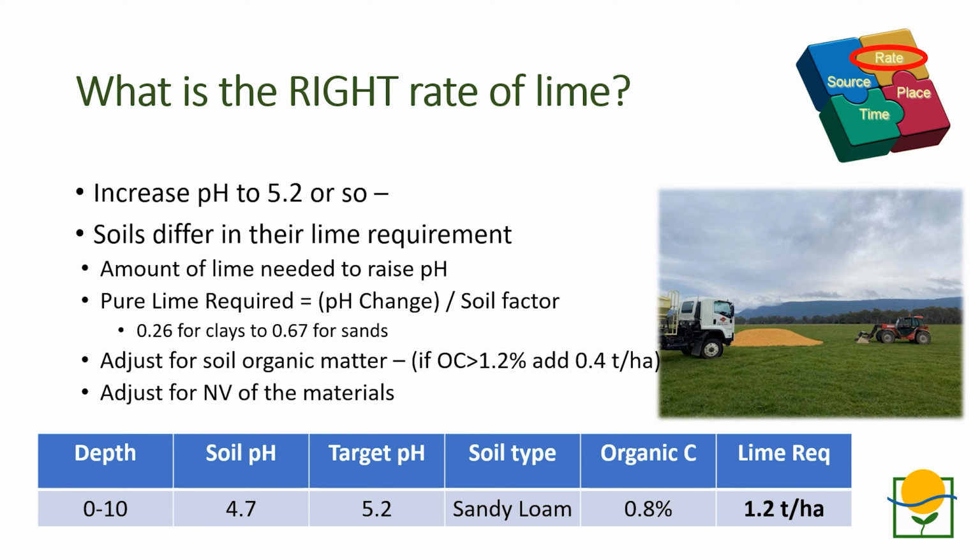So for example, with a soil of pH 4.7, if we wanted to raise that to 5.2 on a sandy loam soil with a 0.8% organic carbon, that might take 1.2 tonnes of lime per hectare in the top 10 centimetres. I think the key point is to understand that the required rate is driven largely by the specific target pH.